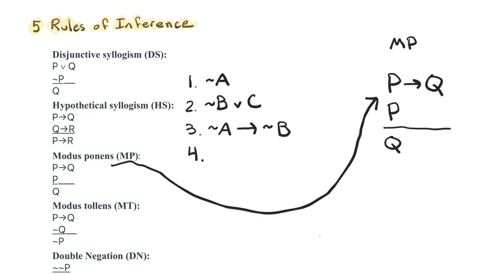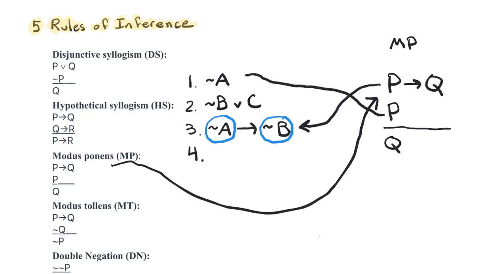Well, we've got a conditional, and this is a conditional. Here is, in essence, our P term, and here is, in essence, our Q term. Here's the equivalent P, this whole thing.